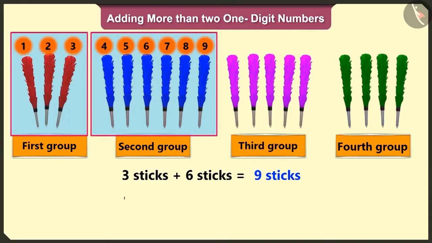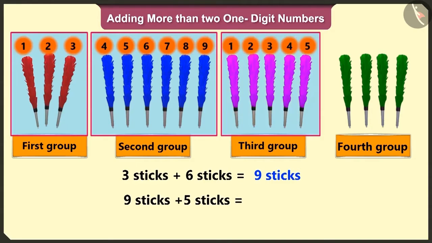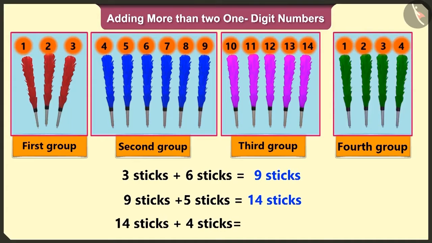To these 9 sticks, add 5 more sticks. So count after 9 is 10, 11, 12, 13 and 14 sticks. To add 14 to 4 more sticks, count after 14 is 15, 16, 17 and 18. The magician has a total of 18 sticks.